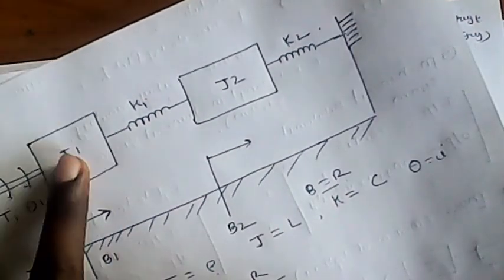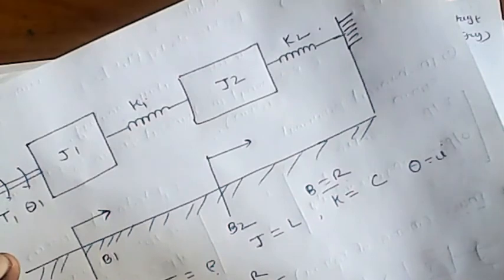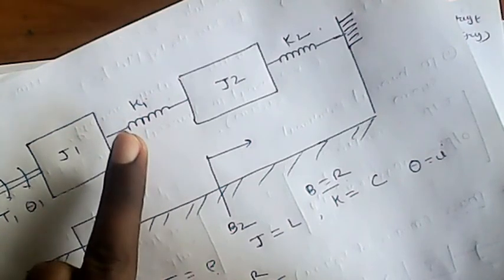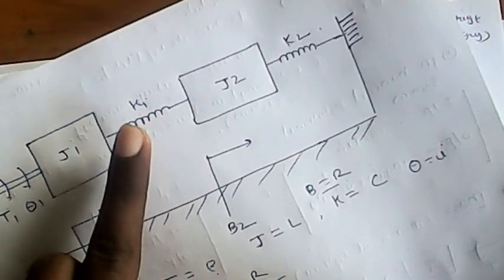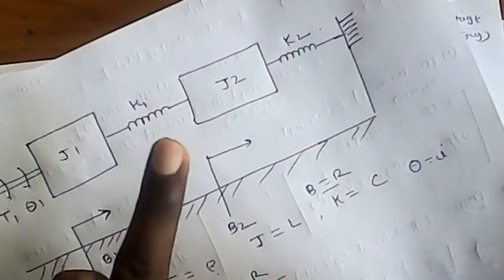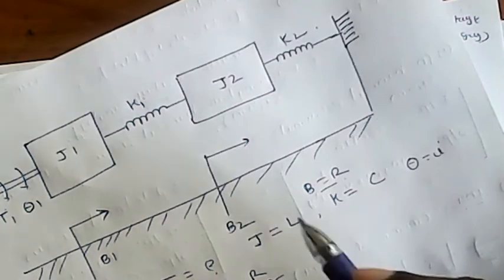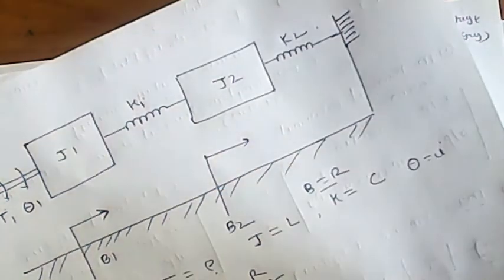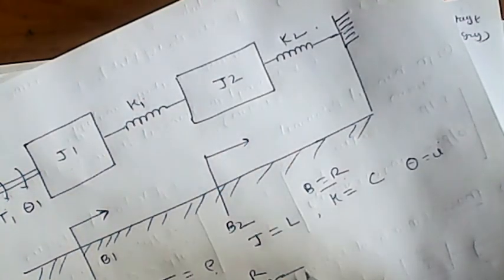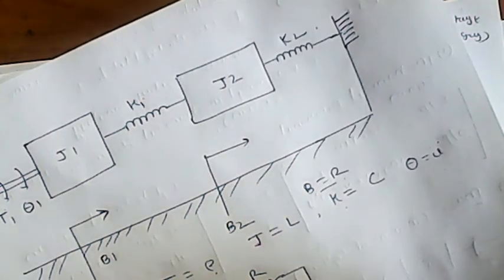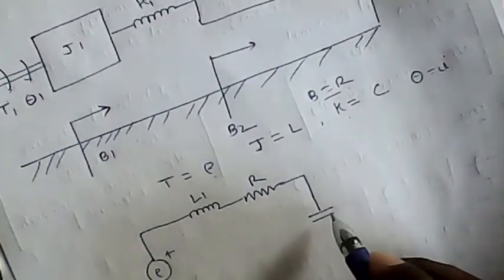There are two masses, mass 1 and mass 2, so the number of meshes will be 2. The element present between the two masses in the rotational mechanical system is represented as a common element in the electrical analogous system. So the spring K1 is represented as a common element, a capacitor.